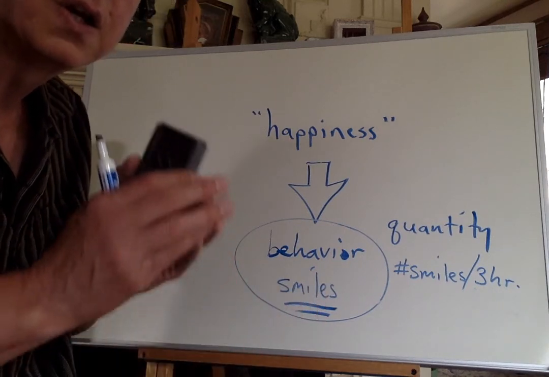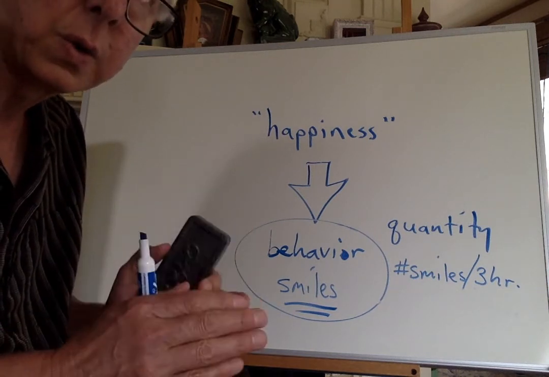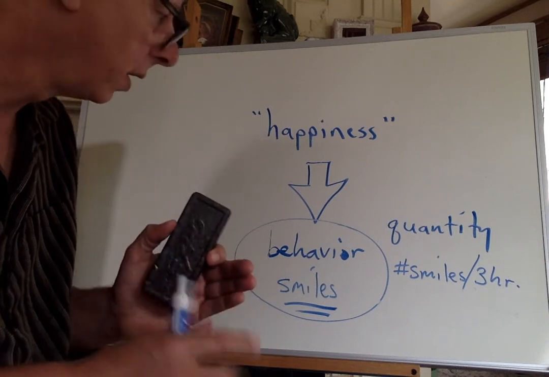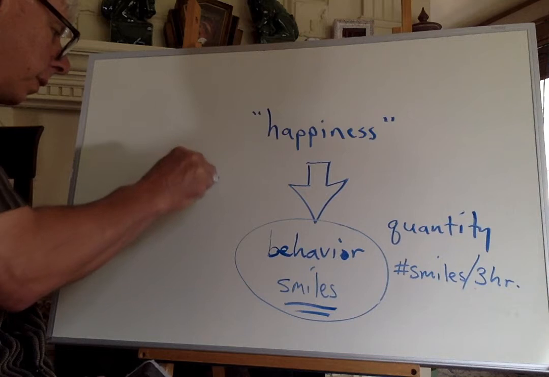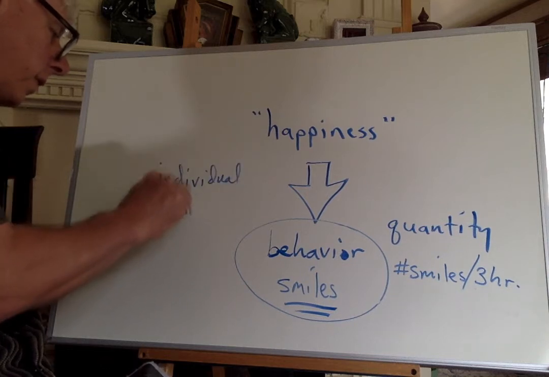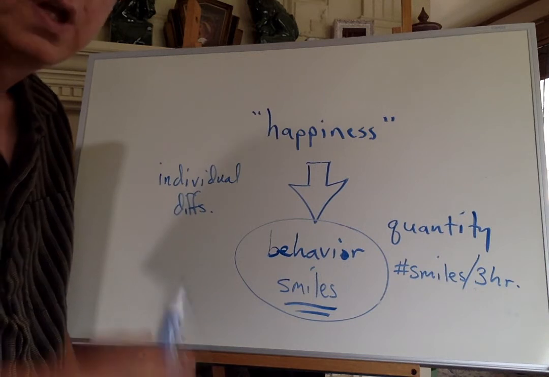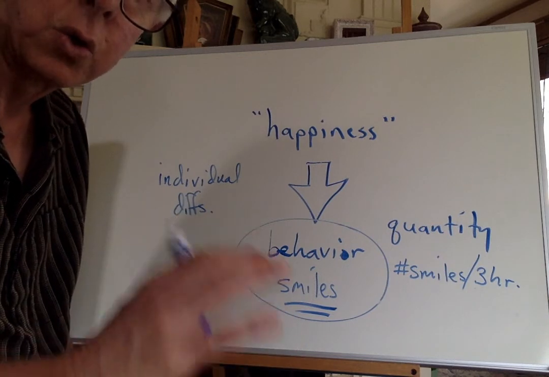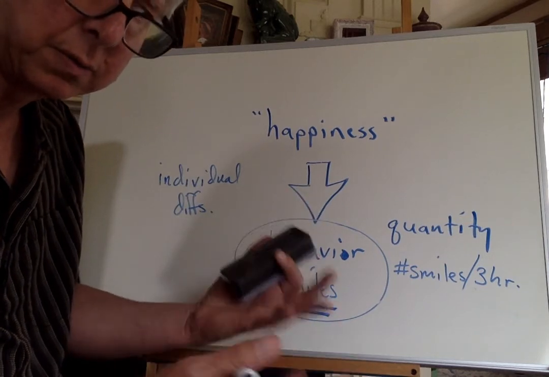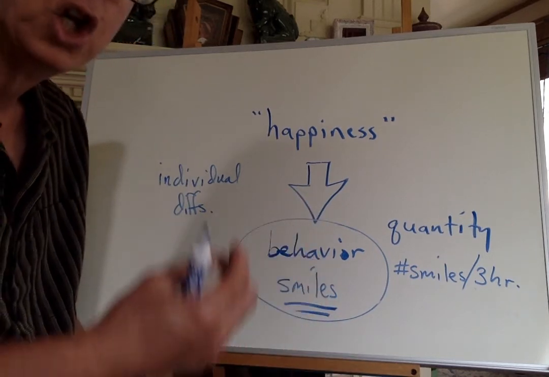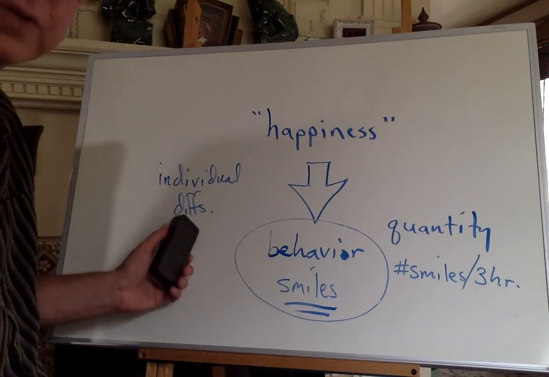This is always a problem for researchers. It's called individual differences. Okay? In a way, this entire course, as it starts to unfold, when we start to do statistics, the computations, you'll see that we're dealing with lots of individual differences.